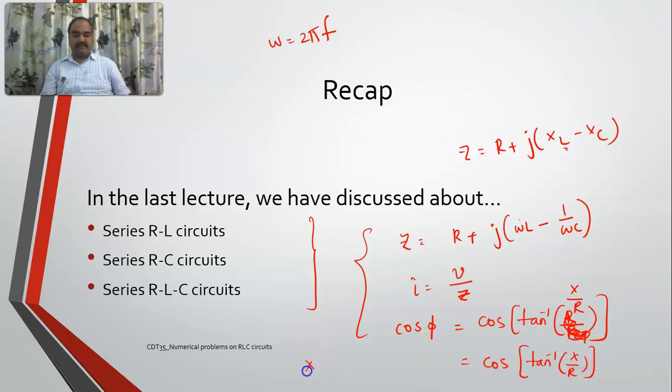This X indicates either XL or XC, or if you do have both, XL minus XC.